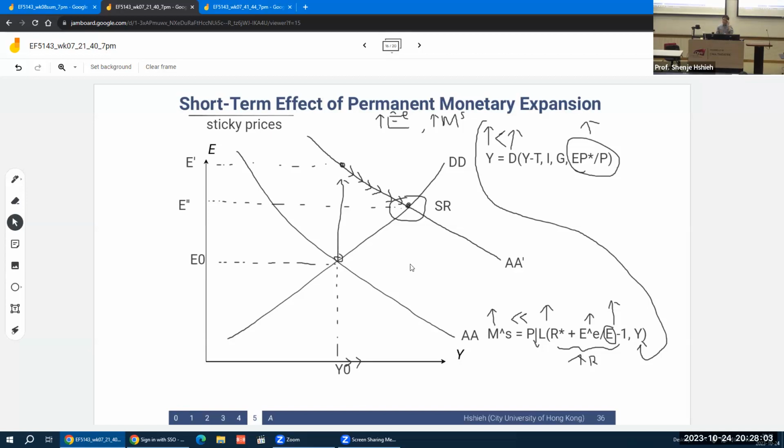So far, this is just a review of the previous slide, right? If I ever ask you to draw both the temporary and permanent case in the same graph, you kind of know what to show, right? You have to show that the A curve in the permanent case is much higher than the temporary case.